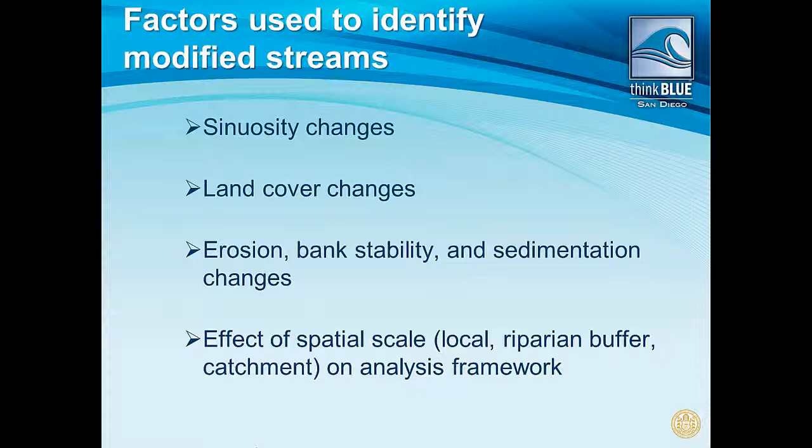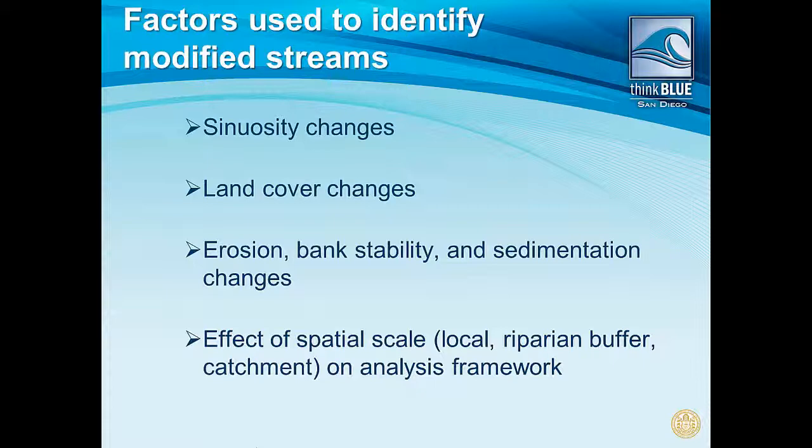Sinuosity is one, and I think somebody mentioned that earlier today. It's a pretty well-known feature: given a certain stream order or size, you would tend to have a certain amount of sinuosity. If it's more straightened, it's generally probably artificially modified.